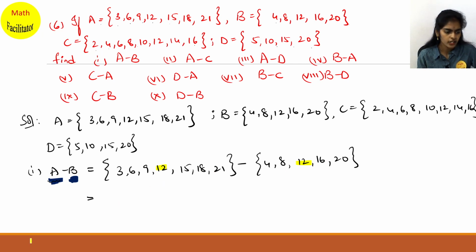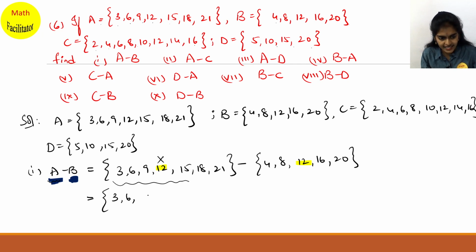Only 12 is common, so you will just remove 12 from the set A. A minus B means from the set A, you will remove the common elements of B. So from this set A, I am just removing the common element, which is 12. So what is my answer? 3, 6, 9, 15, 18, 21. I just removed 12. So this is nothing but A minus B.